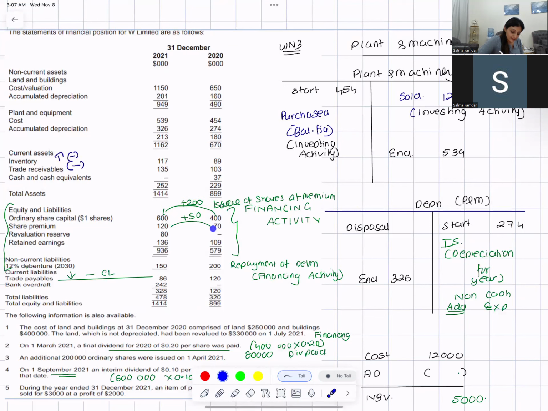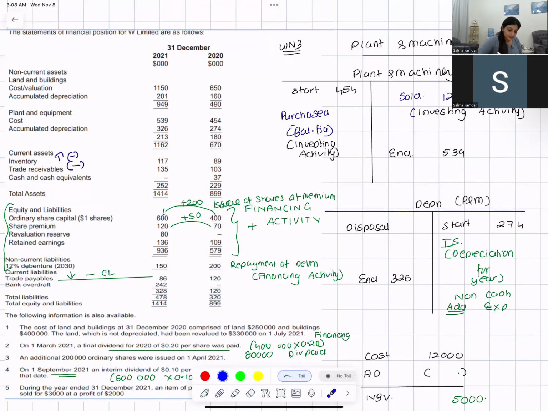Then over here, your share premium has increased from 70 to 120. There is an increase of 50. So it means that you have issued your shares at premium. It is a financing activity. Money is coming in. There is revaluation reserve.